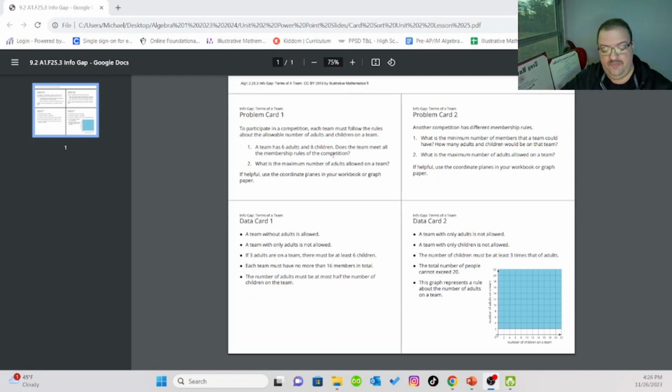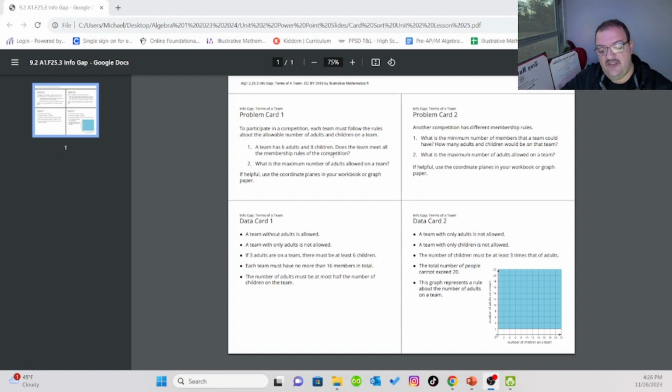We're still good. If we have 4 adults, there would need to be twice as many children. So 4 plus 8 is 12, and we're still under the 16-person limit. So there could be 4 adults.